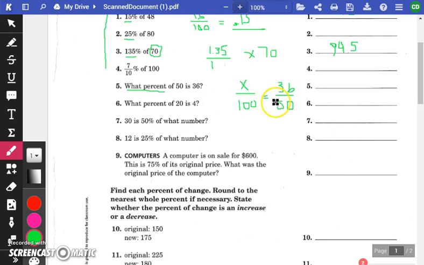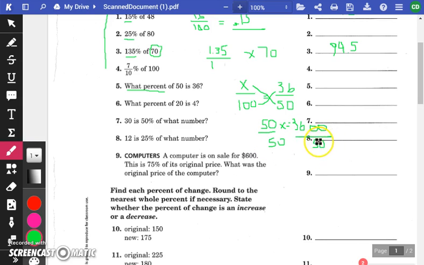Or what you can do, if the equivalent fractions don't work out for you, you can use cross multiplication, and you can see 50x, and then you can plug that in, and that's going to be 3600. And you can still see that when you divide both sides by 50, it's going to give you your answer.